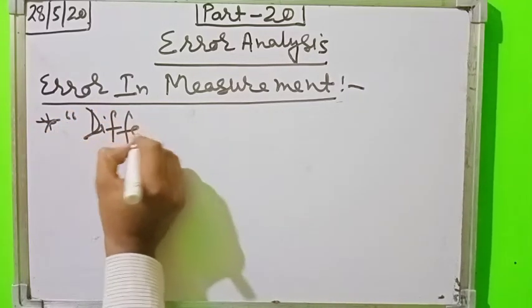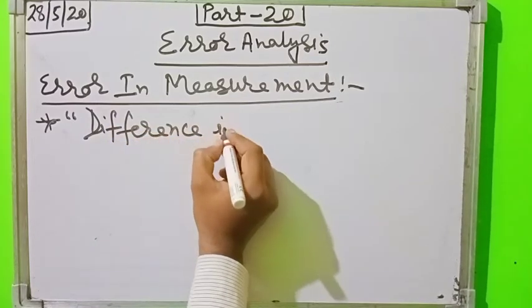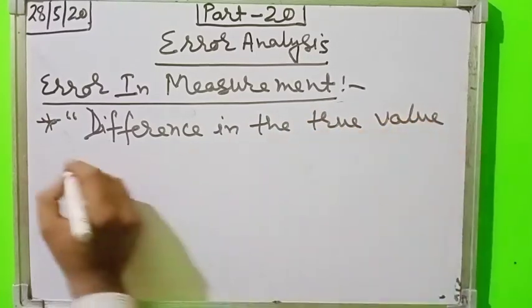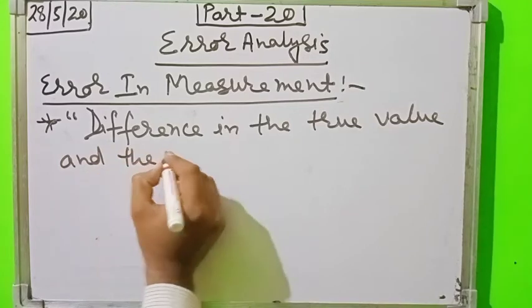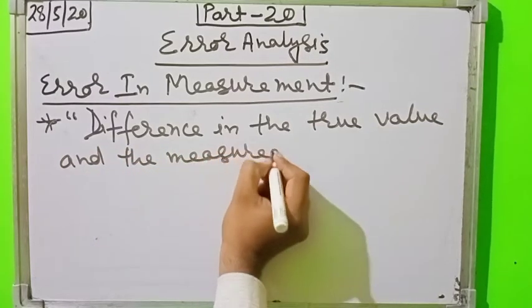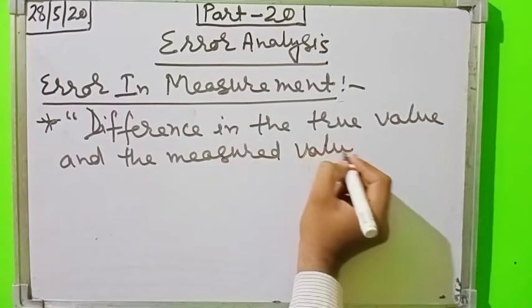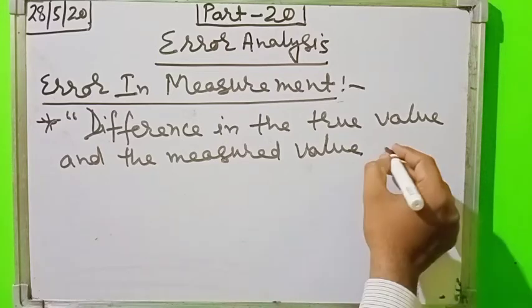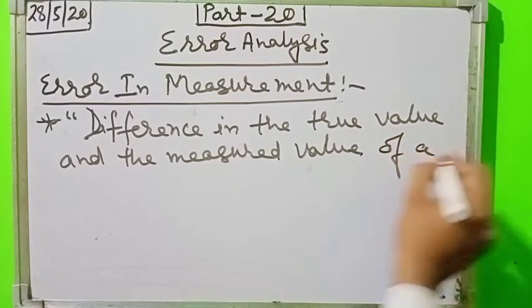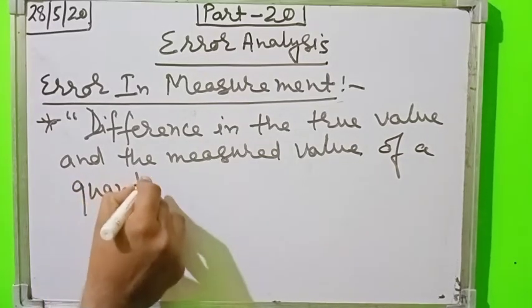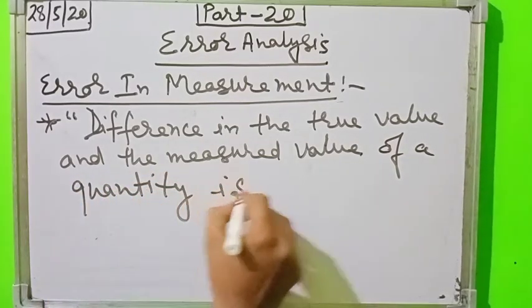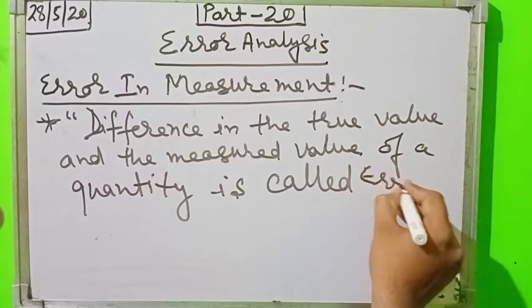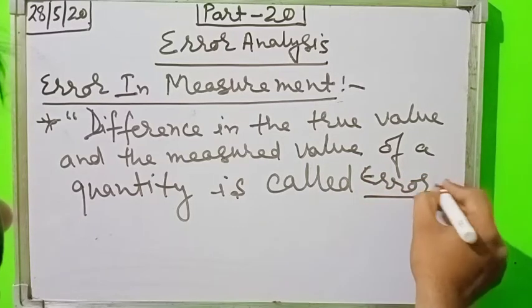The difference between the true value and the measured value of a quantity is called error.